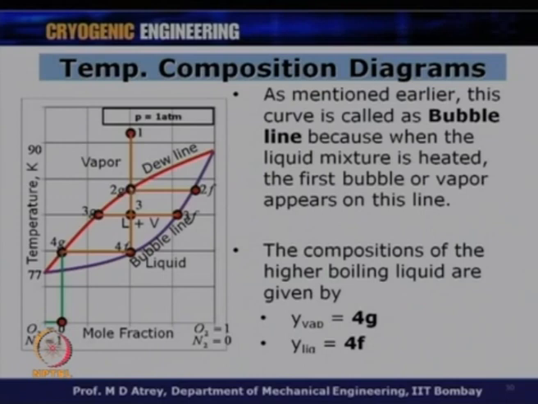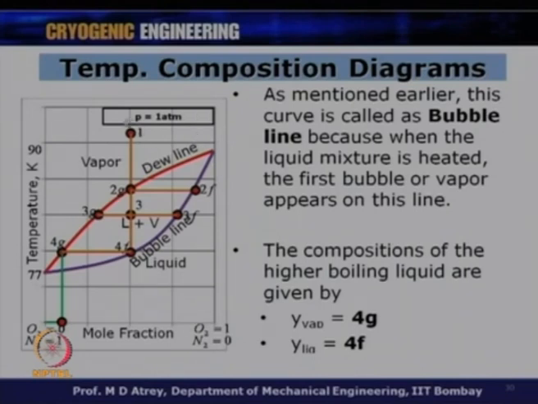When you are at a dew point, it basically depends on the molar fraction you start with, because we started at 0.1. Instead of this, if I started at 0.1 being here, then I would have come very close to this point, because my high boiling components were very less in this case. So, it all depends on what your molar composition of the mixture is and at what point you enter this curve. If I start from the right side at this point, that means my high boiling component, or oxygen percentage, is going to be very high initially.